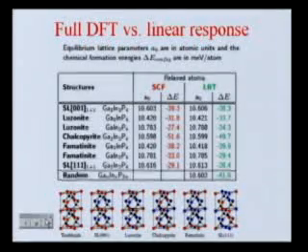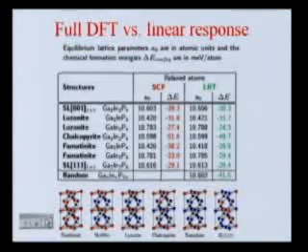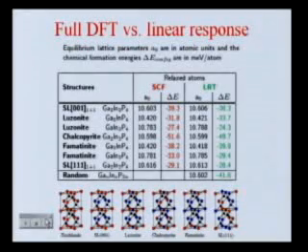And the very nice thing is that now we can test our perturbation theory approach and compare it with full-blown density functional theory calculations for cells that are small enough so that you can actually do a density functional theory calculation. These are all the results. Now we could do much larger cells, but the concept stands.